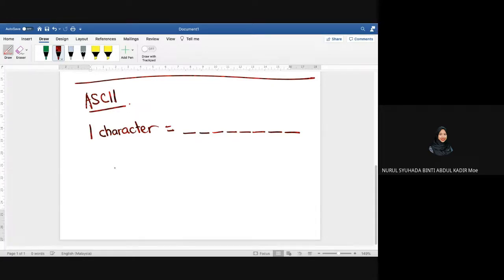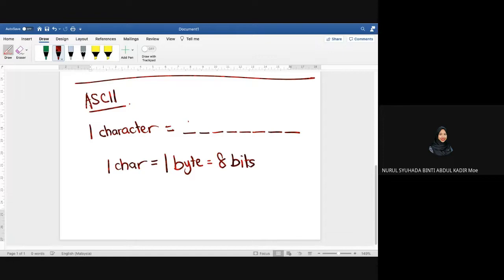So satu karakter, if you still ingat, masa dekat 1.2 kita belajar, one character, right? Size dia berapa byte? Siapa ingat? Satu karakter berapa byte? 1 byte, which is equal to? 8 bit. Thank you very much. 8 bits, okay? So, one character, untuk ASCII dia sama dengan yang ni. Dia 8 bits lah untuk represent satu karakter.